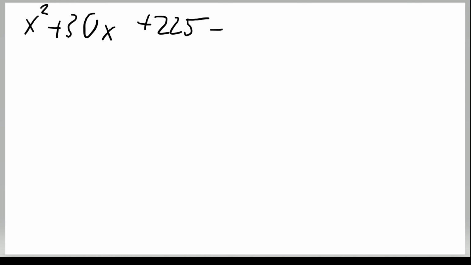Okay, let's do one more of these. So x squared plus 30x plus 225 equals 121. Now, we need to factor this. What times what? What plus what equals what?